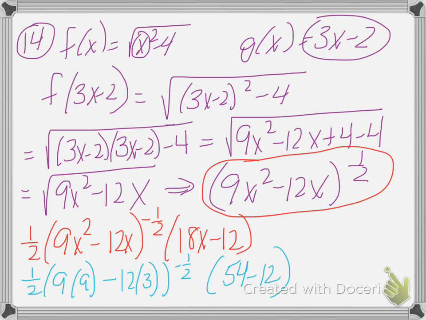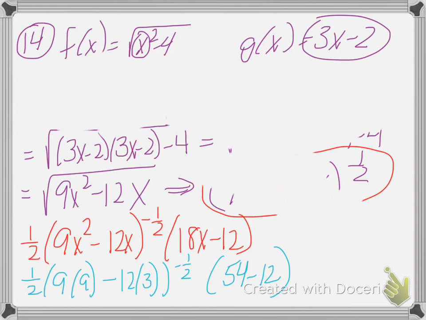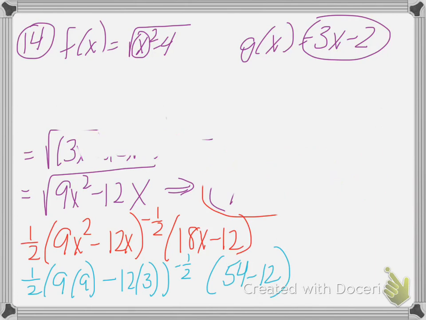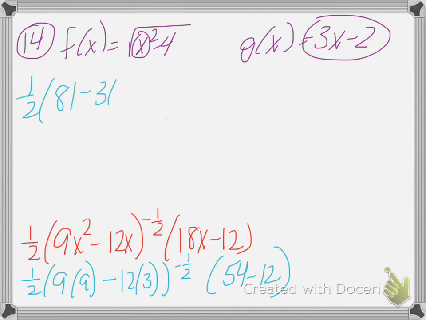Okay, and then you just have to work out this math, so I'm going to erase a little bit of this to make some room. Okay, so you have 1/2. 9 times 9 is 81. 12 times 3 is 36, and this is all to the negative 1/2.